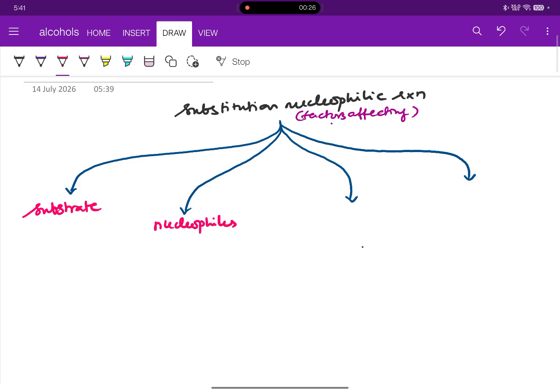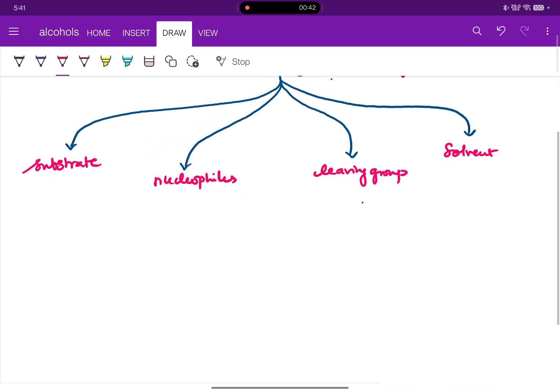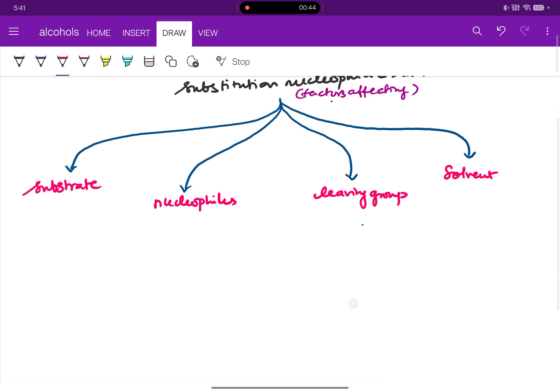The third factor is the leaving group. And the fourth factor would be the solvent. So we'll see what are all the various factors that are going to affect, and the major factors I have mentioned. Shall we move?